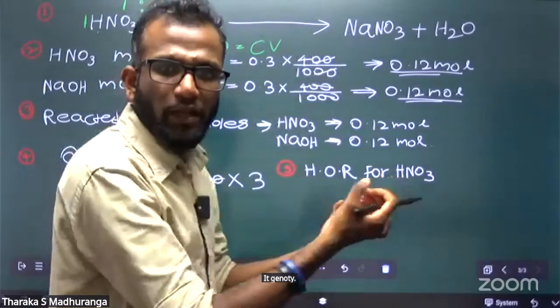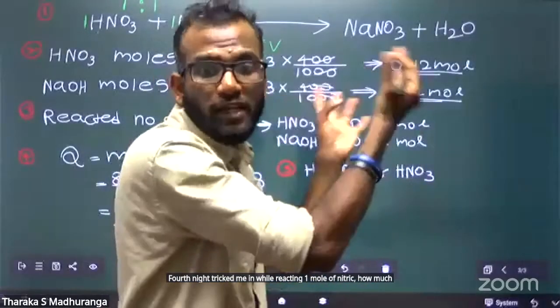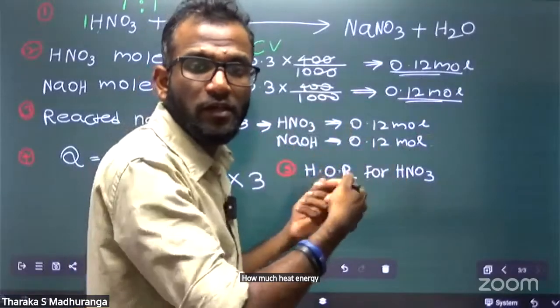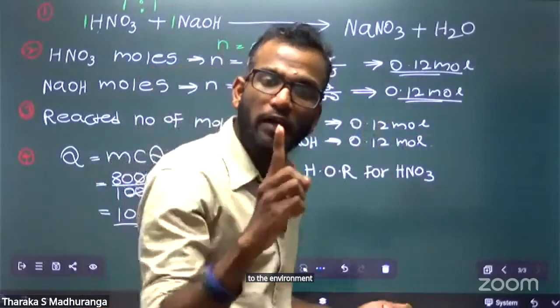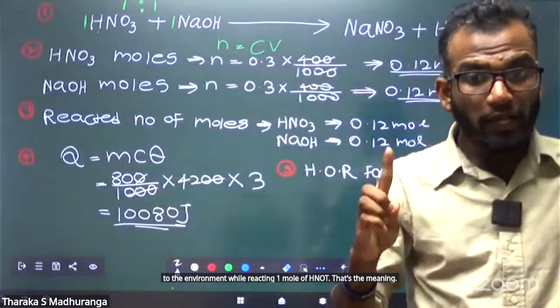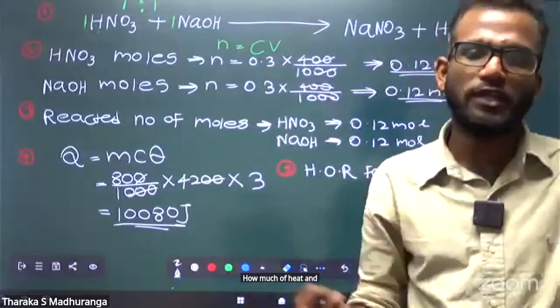For nitric, it means while reacting 1 mole of nitric, how much heat is released? It is an exothermic reaction. How much heat energy is released to the environment while reacting 1 mole of HNO3? When one mole is converted into product, how much heat energy is released to the environment?